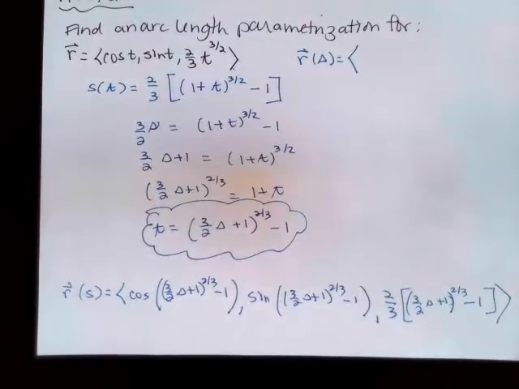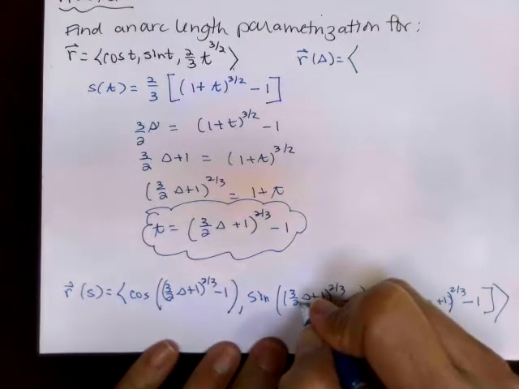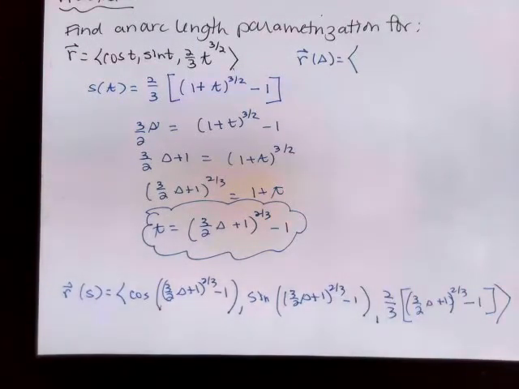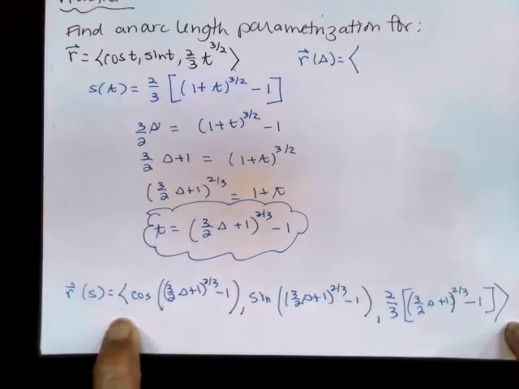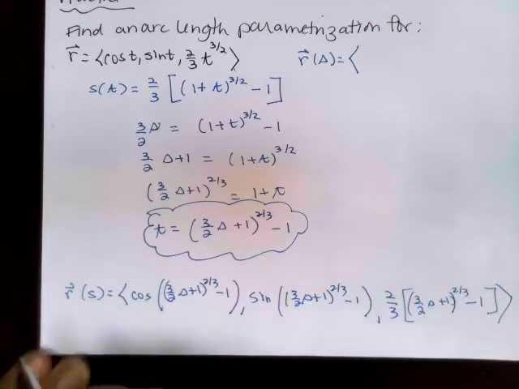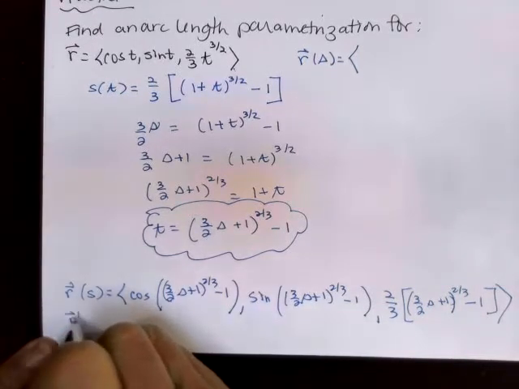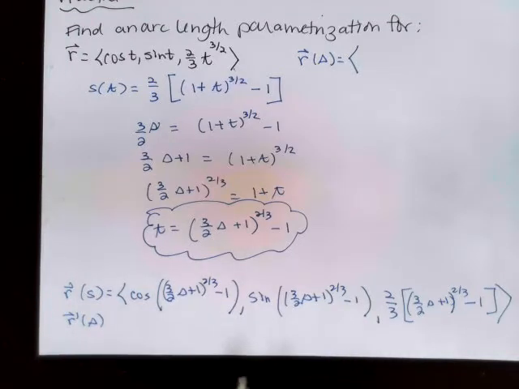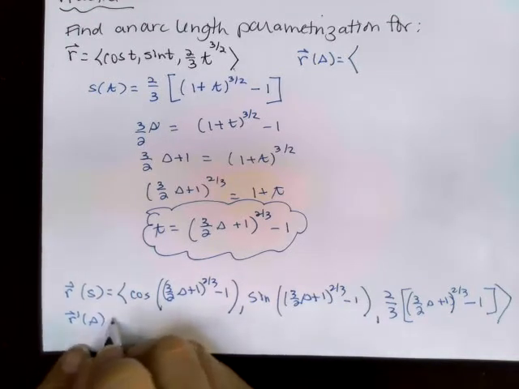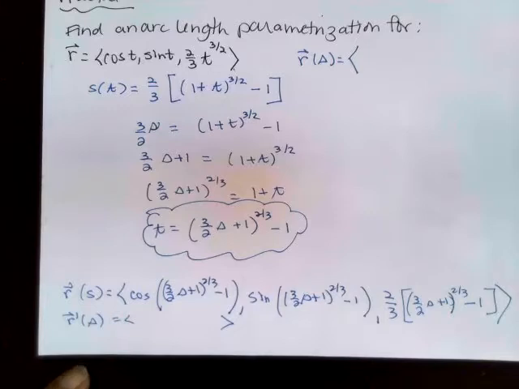Oh my gosh. Okay, so now, if you are a glutton for punishment, you are going to find the length of r prime. So you would find r prime of s. You take the derivative, and that's going to be some vector.